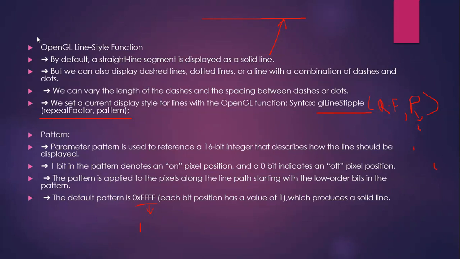That means how many bits does it represent? 1, 2, 3, 4, 5, 6, 7, 8, 9, 10, 11, 12, 13, 14, 15, 16. So that means, if you have all ones, a dash is represented for the ones, every time.